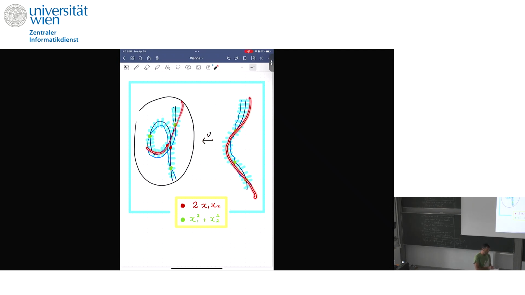Instead of having this curly dark blue thing, I have uncurled it. Then you could pull back the normal cone to this thing and get a normal bundle here. You could get a section of the normal bundle, which essentially means wiggling this thing so it becomes a little bit transversal, and find some intersection points.